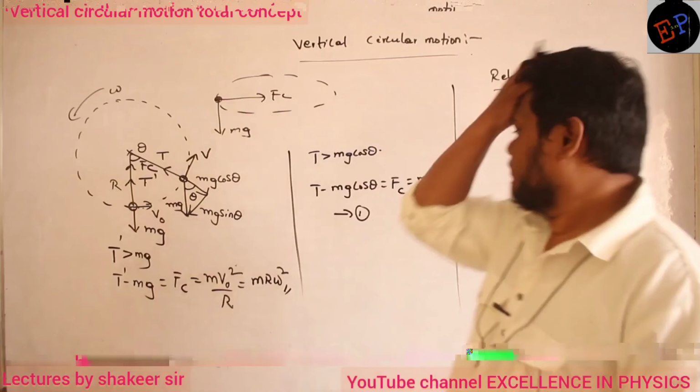Therefore 3g cos theta is equal to u square by L plus 2g. Multiply everything by L. Therefore I will get 3gL cos theta is equal to u square plus 2gL. So theta is equal to cos inverse of u square plus 2gL divided by 3gL.